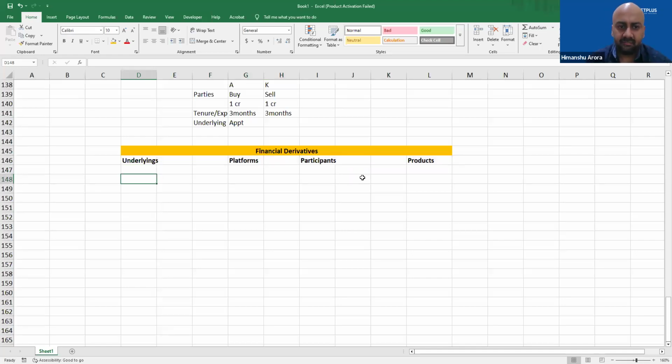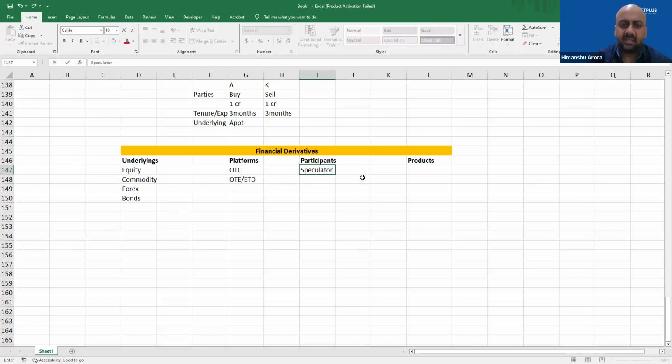Based on underlying asset: equity derivatives, commodity derivatives, forex or currency derivatives, bond derivatives, real estate derivatives, miscellaneous derivatives. We do not use the rest, hence we'll be focusing on only these four products. Platforms, which we are going to discuss in detail later: one, OTC; second, exchange traded derivatives.